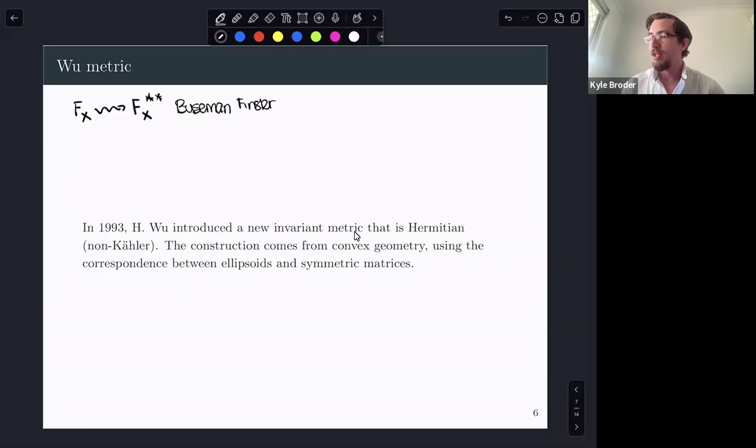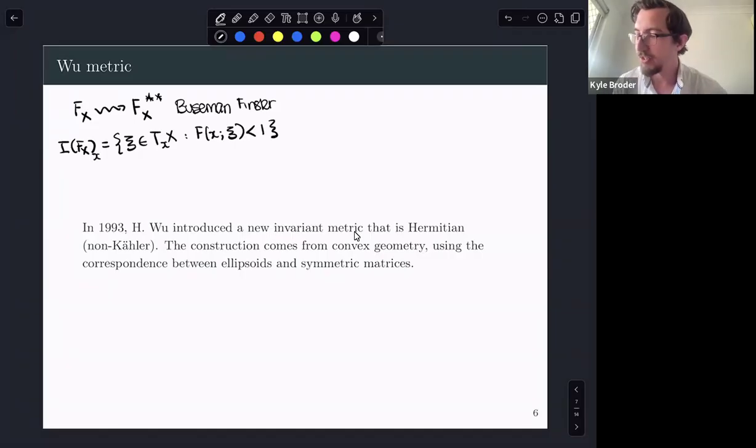So you can take this Busemann Finsler metric. The key point of the Busemann construction is this: if you start with the unit ball, which is given the fancy name of indicatrix for a Finsler metric, that is the set of ξ in T_x X such that F_x(ξ) is less than 1, at a point x, then this is not convex in general, but if you pass to the Busemann metric, it will be convex.